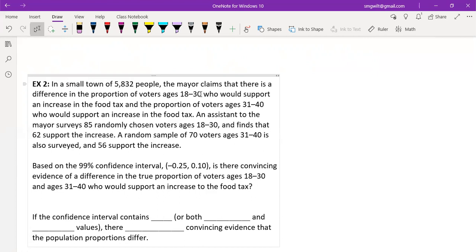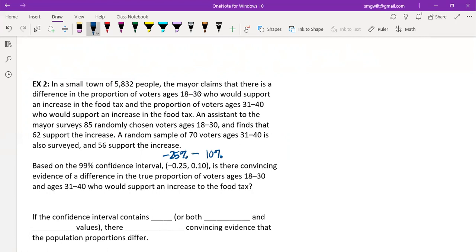So in theory, we could go through and do exactly what we did in the last problem and find the interval. We would actually calculate the two values, but they've done it for us on this 99% confidence interval. They give us a confidence interval of negative 0.25, so that means negative 25% if we think about it that way, to positive 10%.